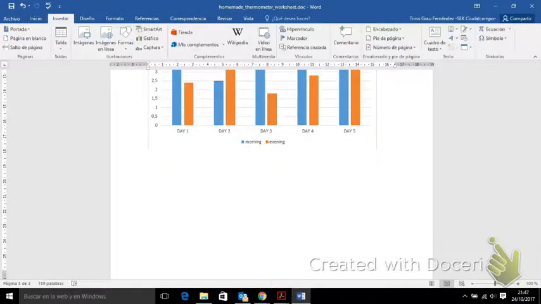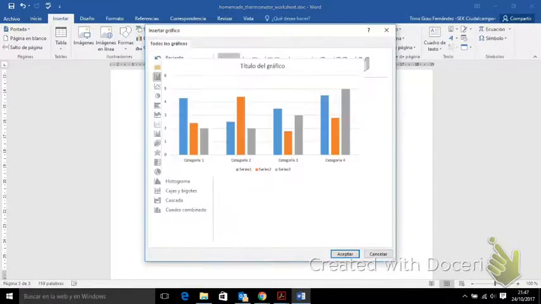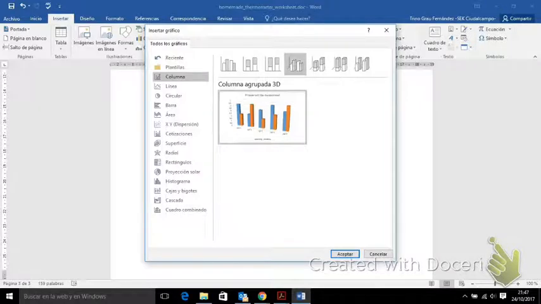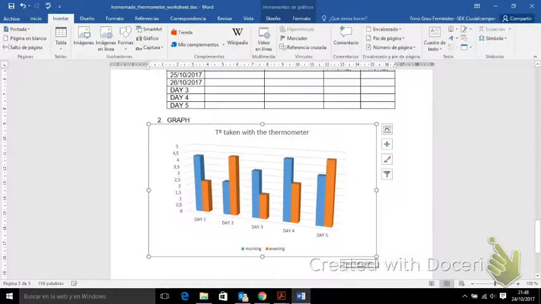And the second graph, okay, insert graph, and I'm going to use the same one, or you can use this one, for example.